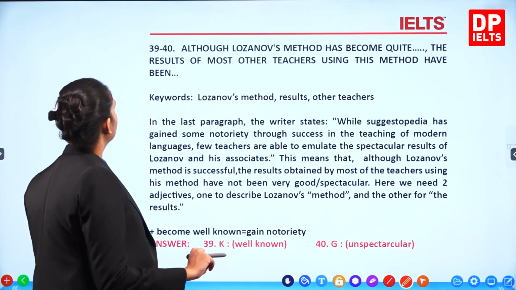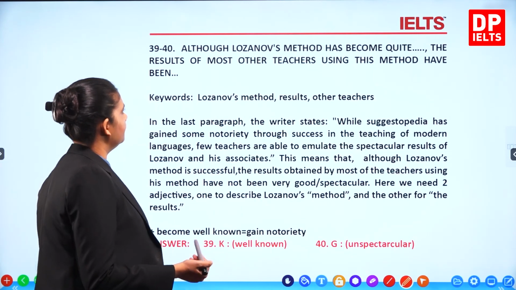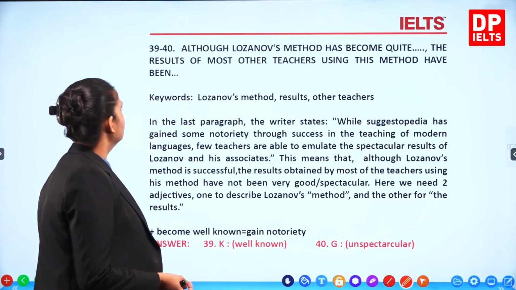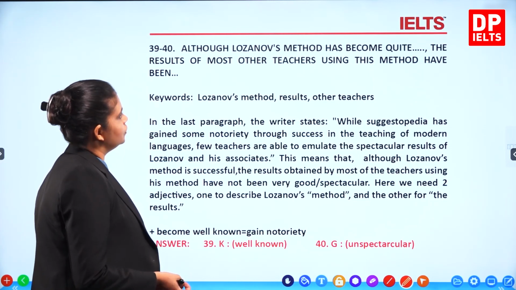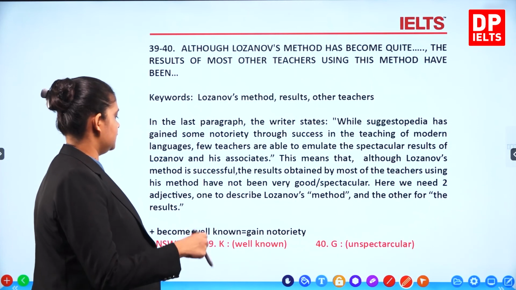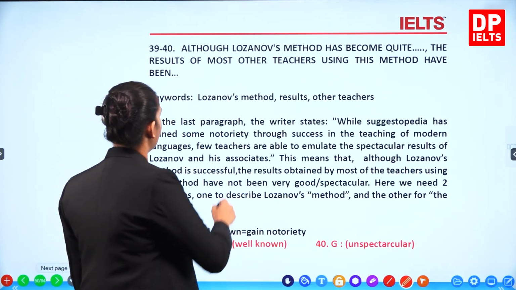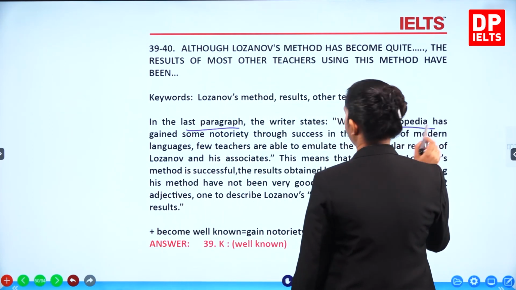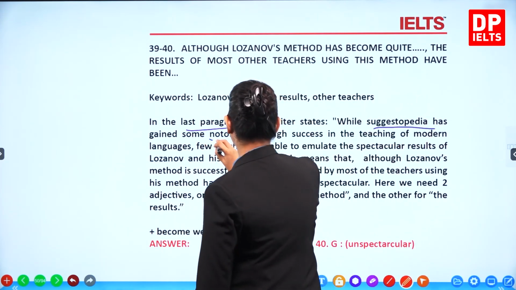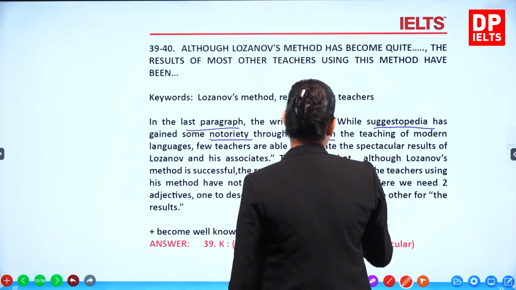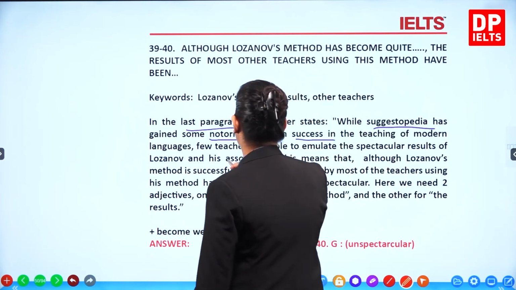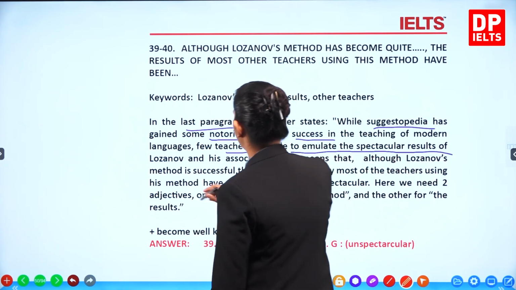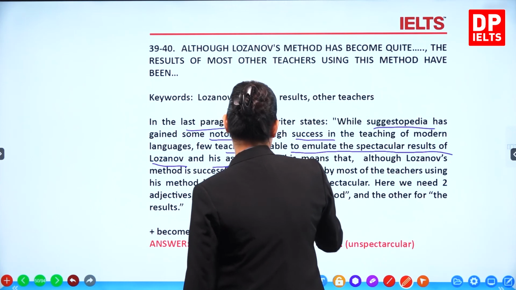Right. So, 39 and 40, although Lozanov's method has become quite ..., the results of most of the other teachers using this method have been ..., what is it? Let's have a look at the last paragraph. The writer states, while Suggestopedia has gained some notoriety through success in the teaching of modern languages, few teachers are able to emulate the spectacular results of Lozanov and his associates.